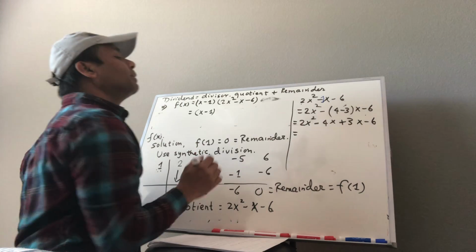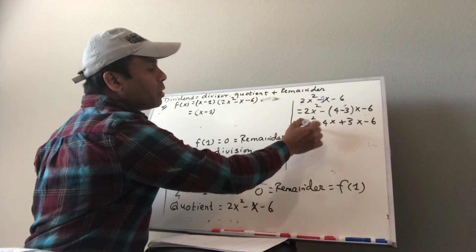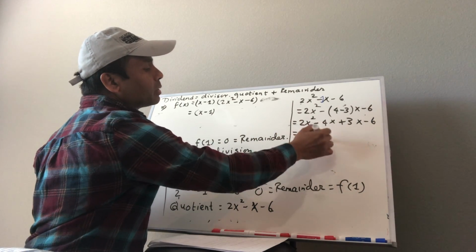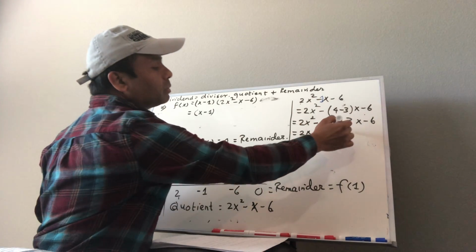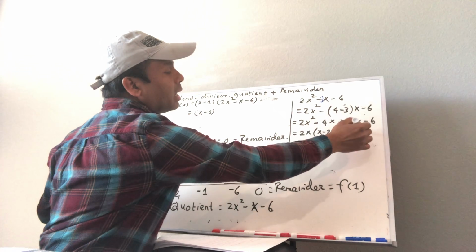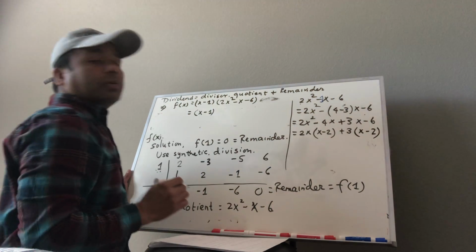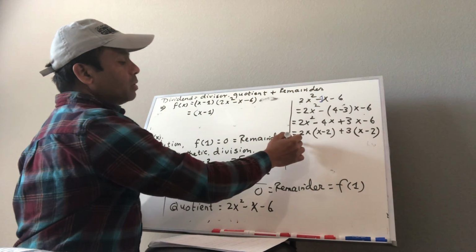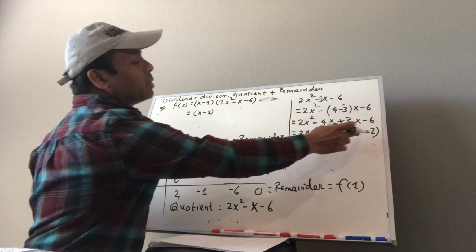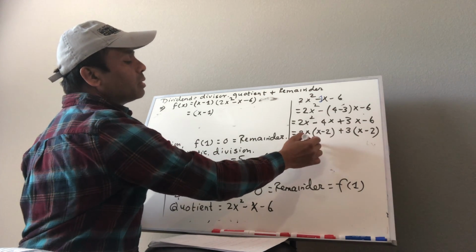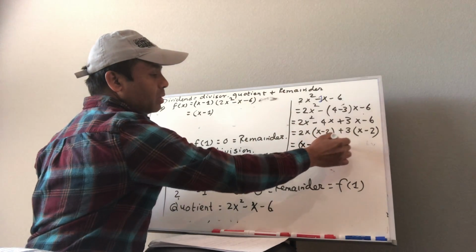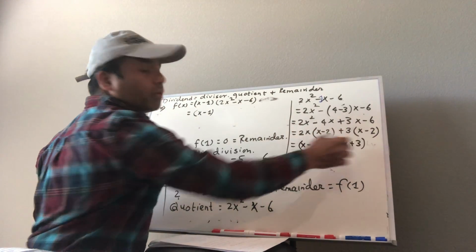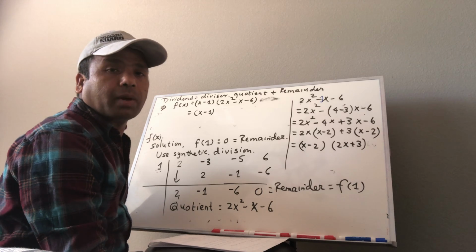From the first two terms, you can factor out 2x, so it's going to be x minus 2. And from the last two terms, you can factor out 3, so it is x minus 2, right? So now x minus 2 is the common factor, and what do we have here? You have 2x plus 3.